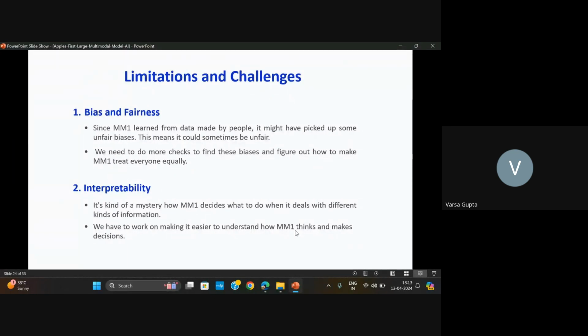Also, interpretability: it's a mystery how MM1 decides what to do when it deals with different kinds of information. So we have to work on it to make it easier to understand how MM1 thinks and makes decisions.